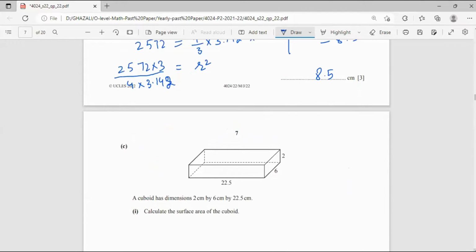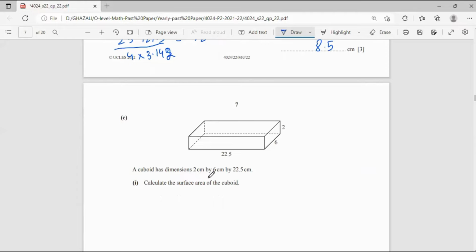Now, part C. The cuboid has dimensions 2 cm by 6 cm by 22.5 cm. Calculate the surface area of the cuboid. Now, for the surface area of the cuboid, we add all the areas of the faces. The area of the front face is length multiplied by height, front plus back, so it should be 2 times.